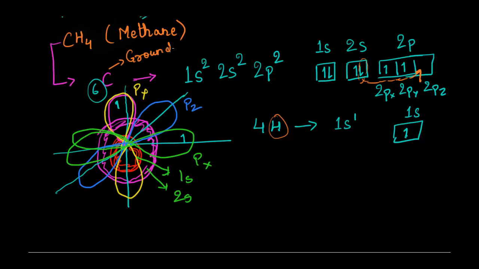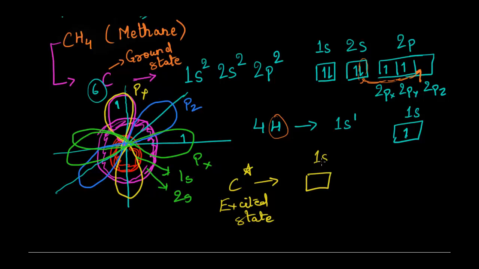If I write the excited state, where this electron is exciting and going into a 2p orbital, I'll write it as C star. So this is my excited state of carbon. We write it down as the excited state. It will look something like this.